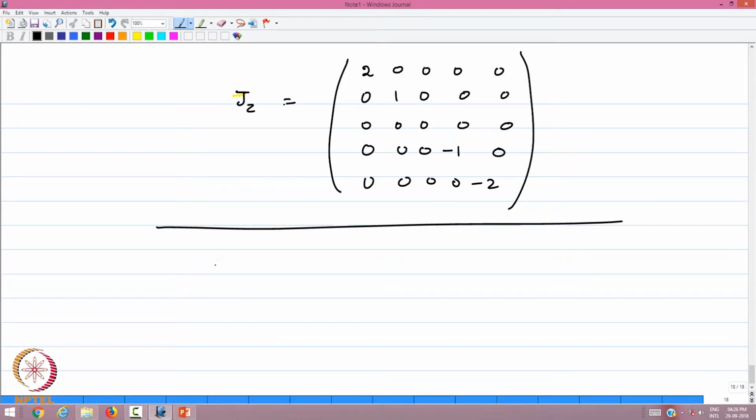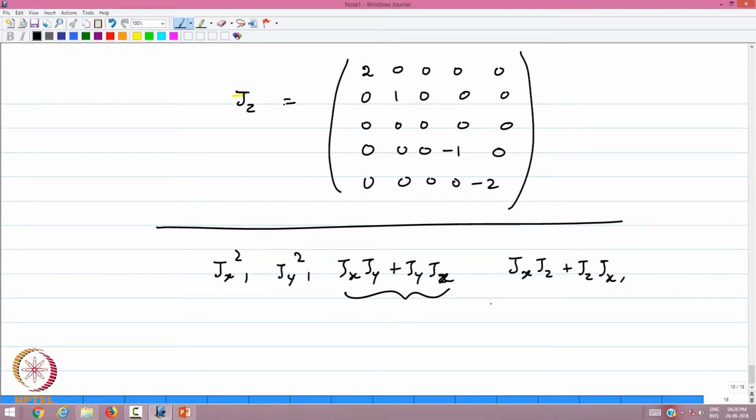Once you know these operators, it is possible for you to write Jx squared, Jy squared, Jx Jy plus Jy Jx. This is a Hermitian combination, Jx Jz plus Jz Jx, and Jy Jz plus Jz Jy.